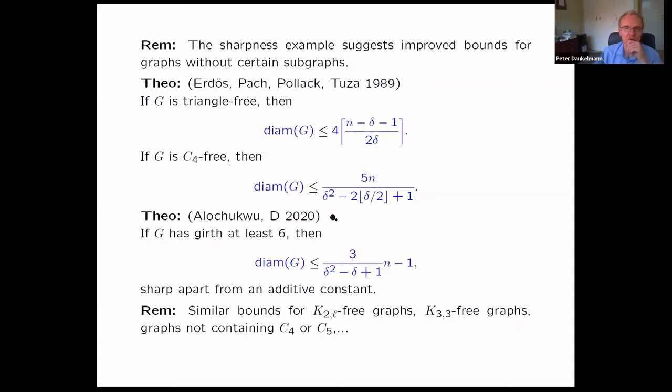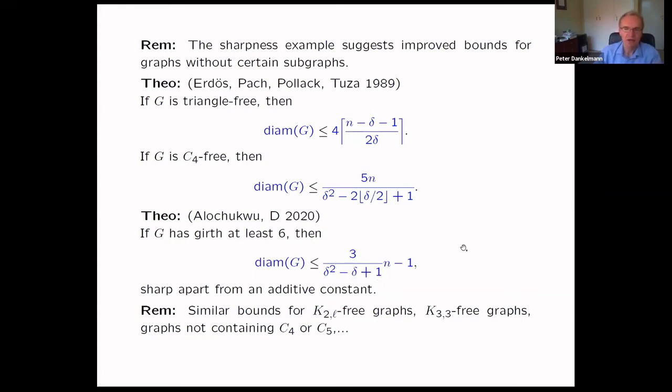And just to show you that this is also something that we are working on right now, here's a result by Alex Alochukwu, who showed that this Erdős bound, if our graph doesn't have only no 4-cycles, but also no 3- or 5-cycles, then we can improve this bound by another factor of 3/5. So the diameter is at most 3 over delta squared plus some small change times n.